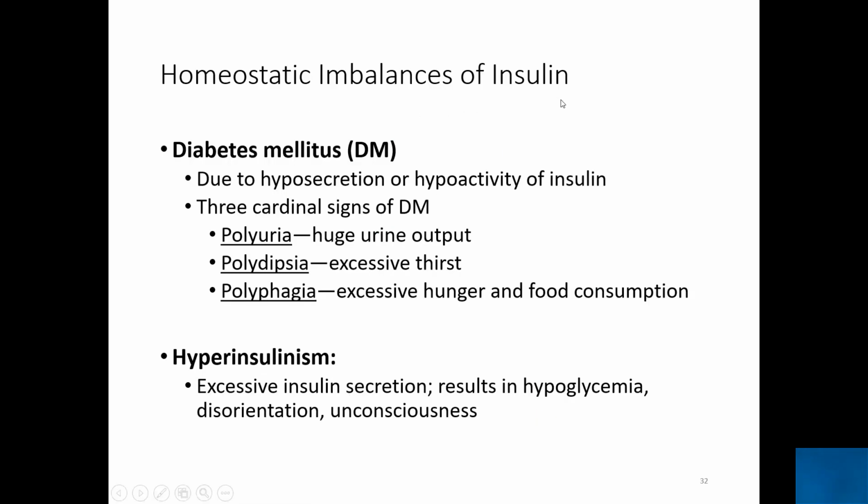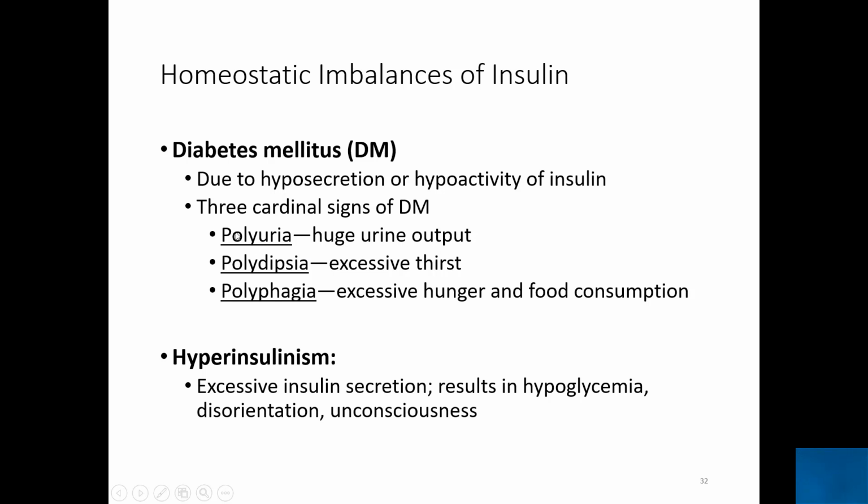Homeostatic imbalances of insulin. The well-known disease is diabetes mellitus, which is widespread nowadays, unfortunately. There are two types of diabetes, and we will be discussing them during our lab time: diabetes type 1 and diabetes type 2. Right now, you need to memorize 3 cardinal signs of diabetes mellitus. That would be polyuria, huge urine output.